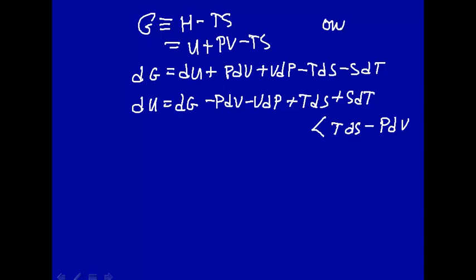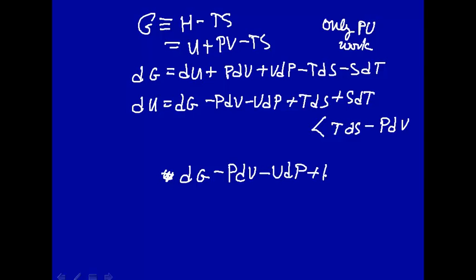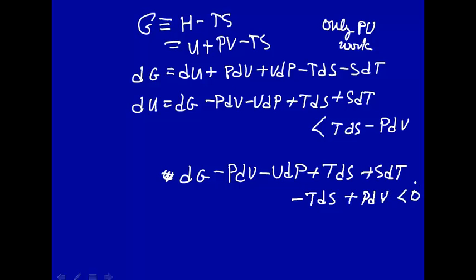And again, only PV work. So let's take this term, put it over there, take that term, put it over there. So here we have dG minus PdV minus VdP plus SdT, taking this over, minus TdS plus PdV, and that has to be less than 0.